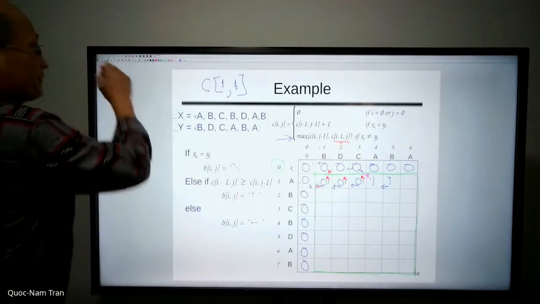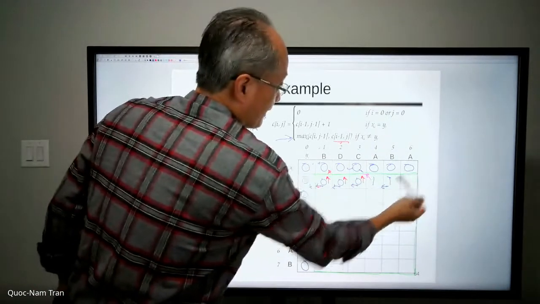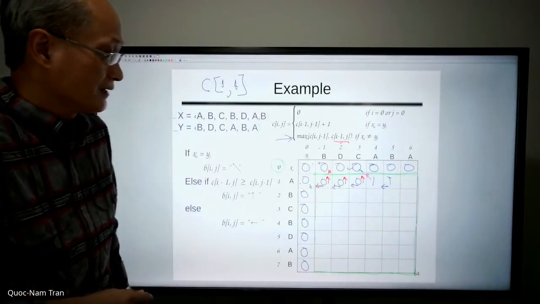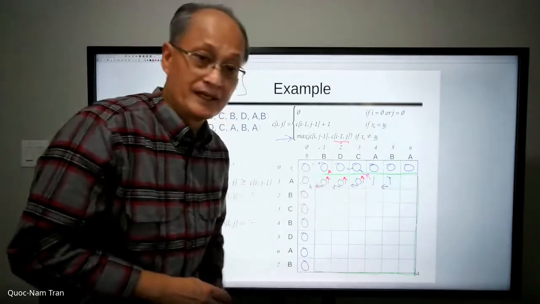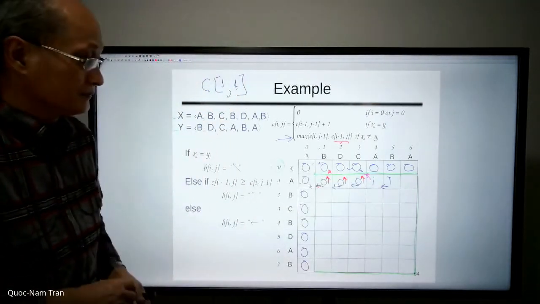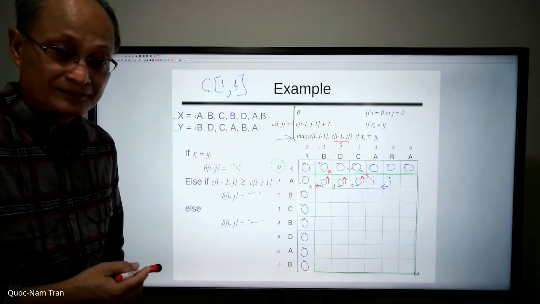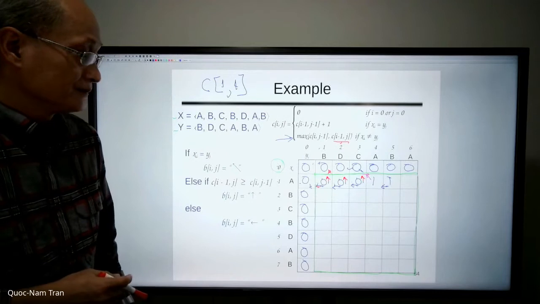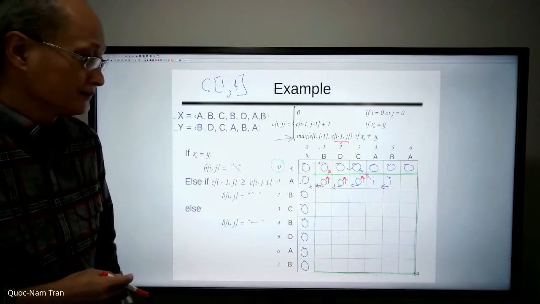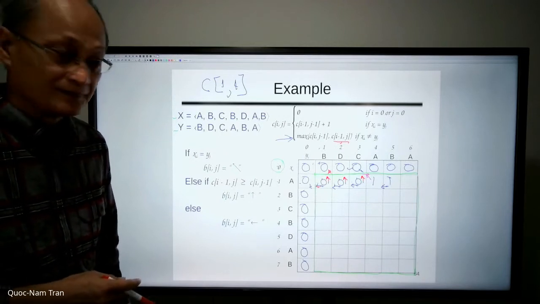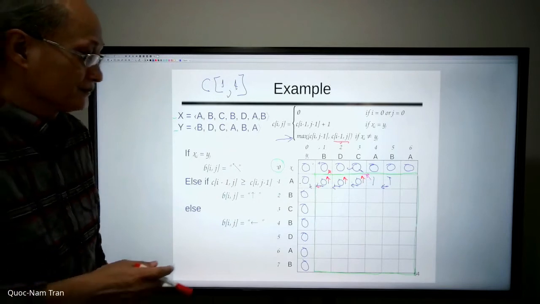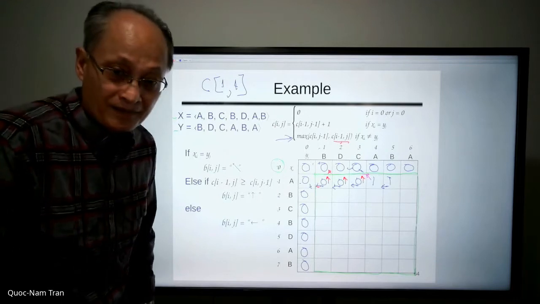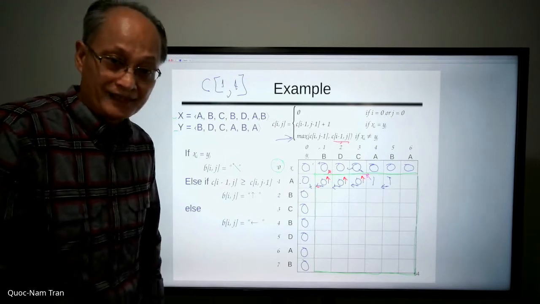Now, what value do I have for the last one? It is 1, right?